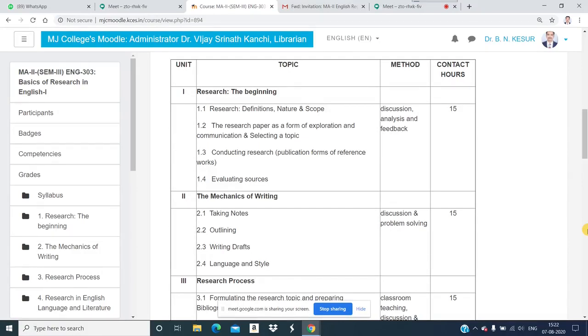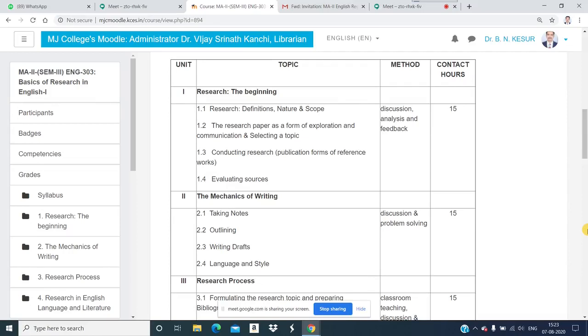Then unit number 2 will focus on the mechanics of writing. That means when the researcher starts his research, how the researcher can prepare some notes. You might have studied taking notes in the compulsory English course up to TYBA.